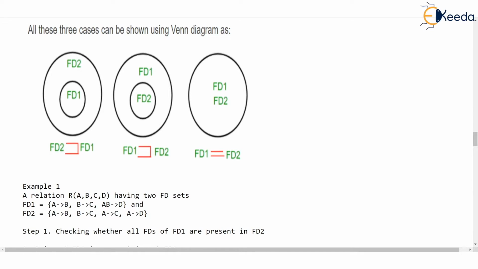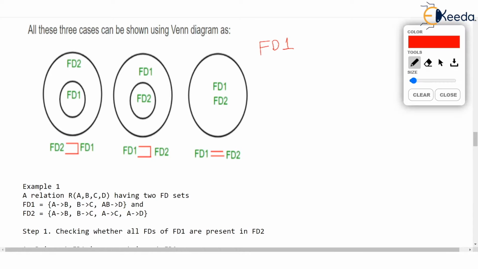FD1 given is A determines B, B determines C and AB determines D. This is the first FD set. And the second FD set given is A determines B, B determines C, A determines C and A determines D. Now you want to prove that both of them are equivalent, isn't it?